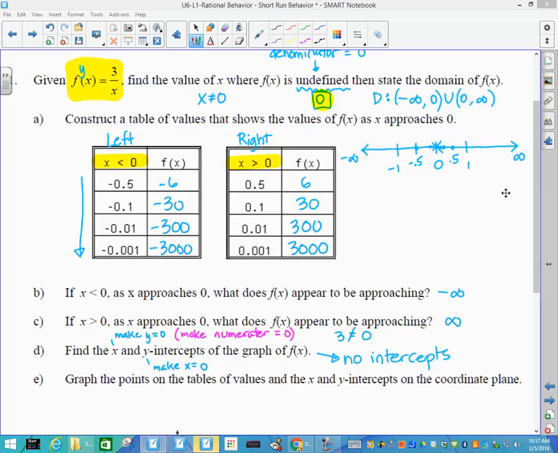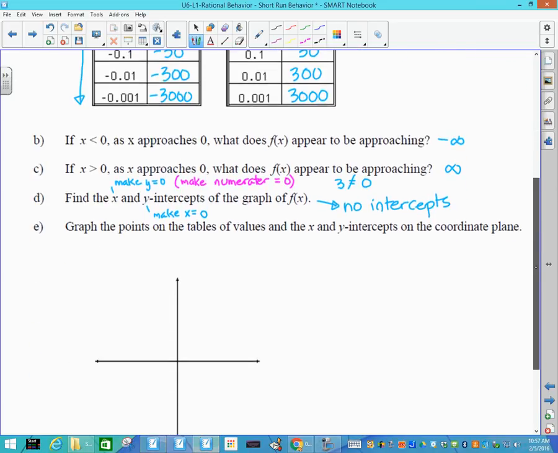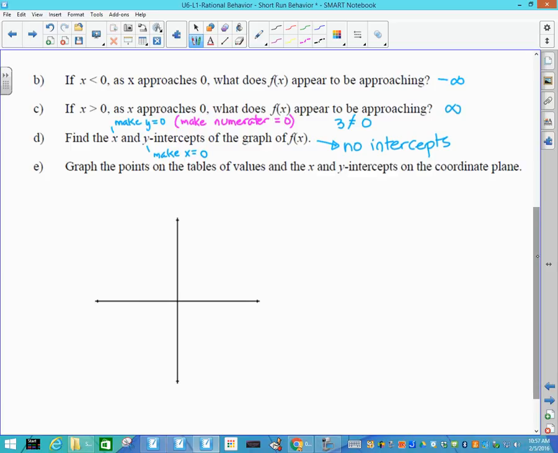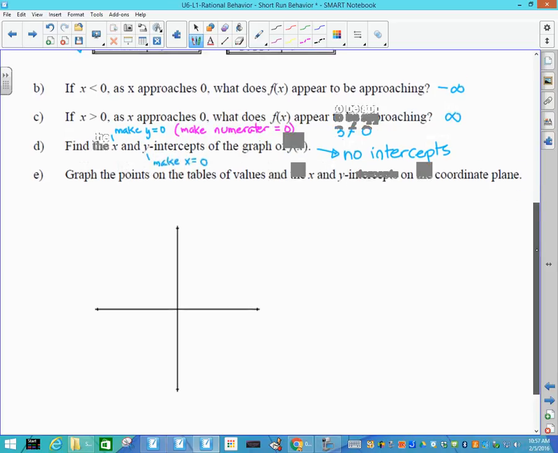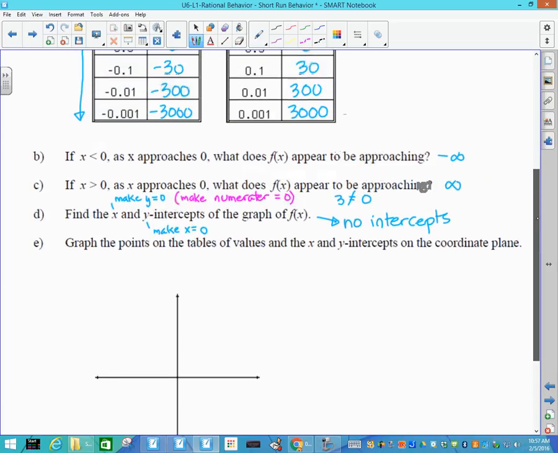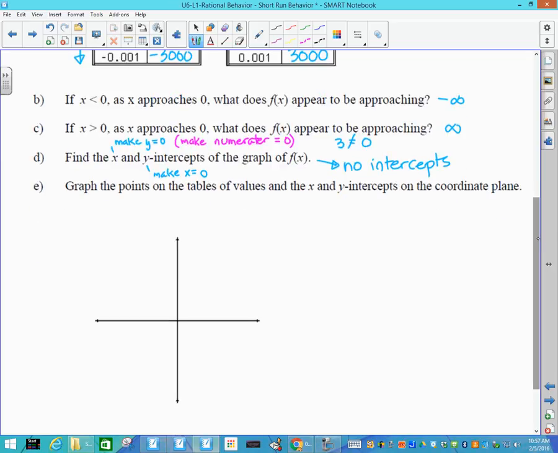Okay, so now they want us to graph the points on the tables of values and the x and y intercepts on the coordinate plane. As we just talked about, we don't have any x and y intercepts, but x equals 0 was an important point.